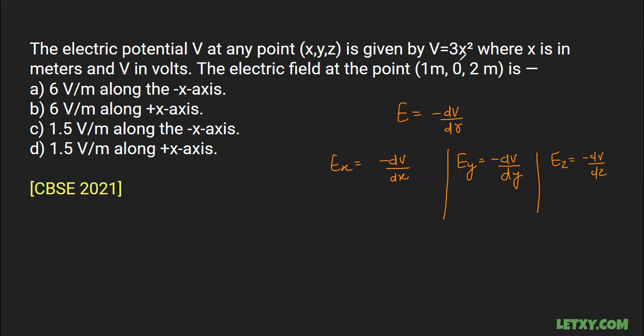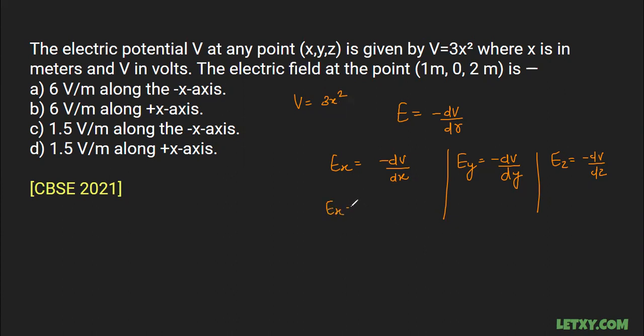I'm going to put in the value of V. It is already given to us: 3x square. Students, remember that in this case the potential is given in terms of x only. But sometime in future, questions will come in which y and z components are also given, or it is written completely in terms of y or z. But right now I'm going to restrict myself to the question.